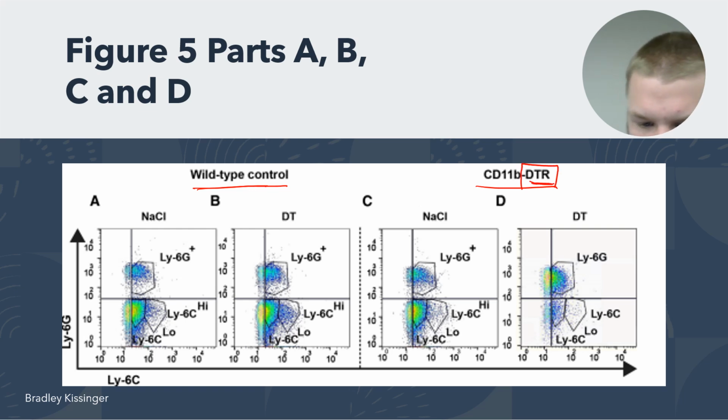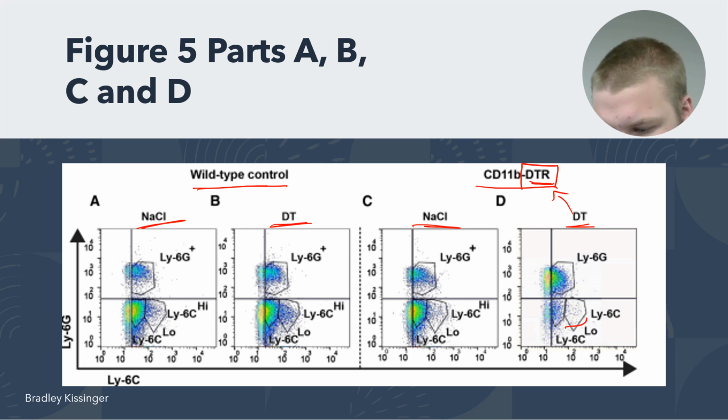Looking at all these panels down here, the diphtheria toxin is being used on the B and D panels, and the salt water is just going to be used on the A and C. But we can see when this diphtheria toxin comes in contact with the diphtheria toxin receptors, it's actually going to cause those monocytes to get rid of whatever is bothering it, which is exactly what would happen in an ischemic stroke, is what we're hoping to happen.